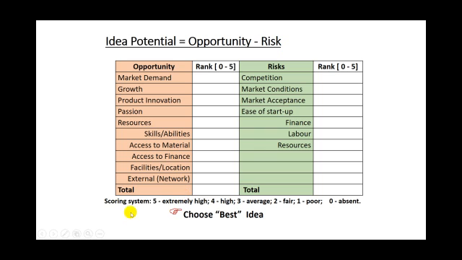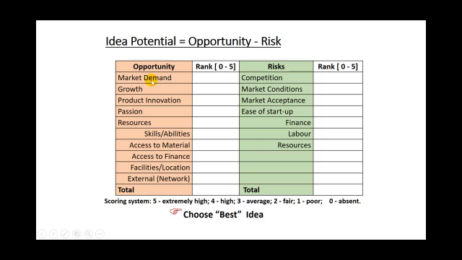Now the scoring system, as you're seeing here, is from 0 to 5. Look at the scoring system. 0 is absent, 1 poor, 2 fair, 3 is average, 4 is high, and 5 is extremely high. And under the opportunity, you're going to rank each of these elements in the range of 0 to 5.